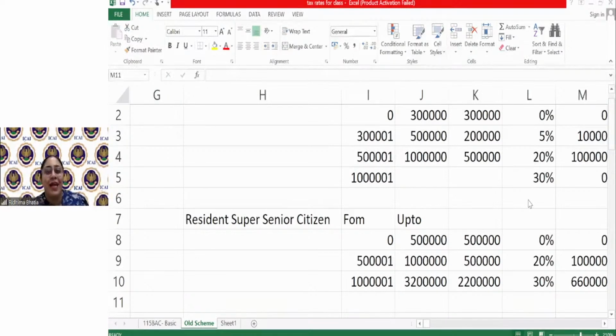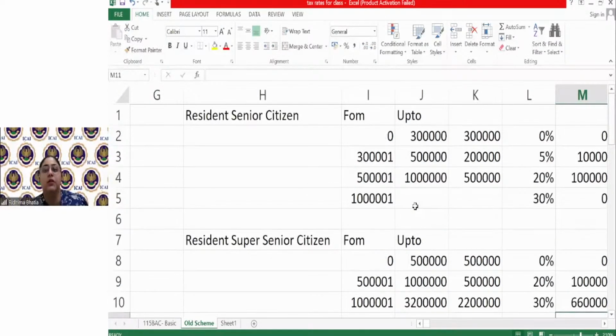Then we understood about the tax rates applicable to individuals, HUF, AOP, BOI in both the new scheme and the old scheme. And we made a comparison also on which scheme to go for. It depends upon the income computation and obviously the tax computation. And also we saw what the slab rates applicable to resident senior citizen and resident super senior citizen are.